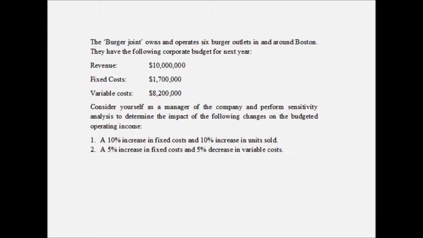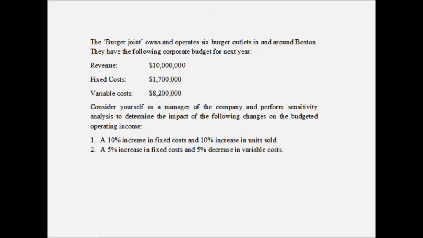So now, as a manager of the company, you are performing analysis to find out how the budgeted operating income will change in case there is a variation in the revenue, fixed cost, variable cost that you have budgeted for next year.